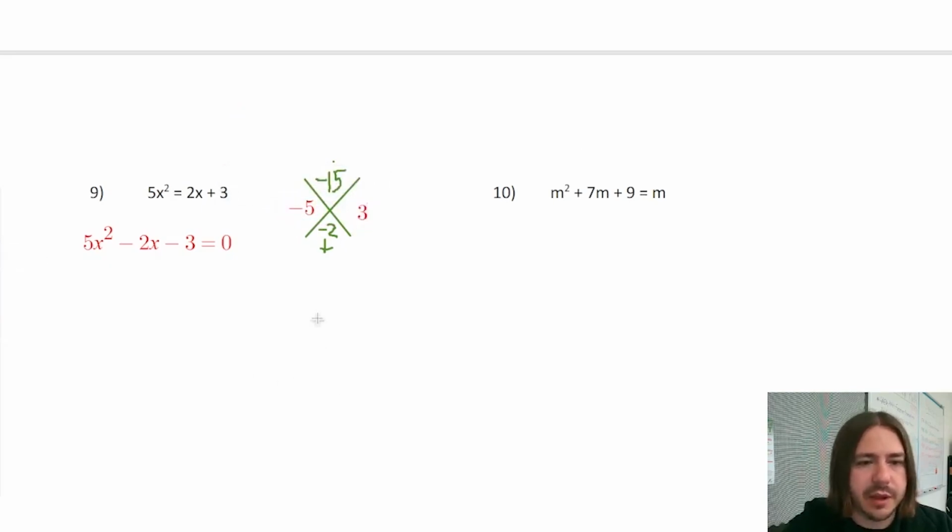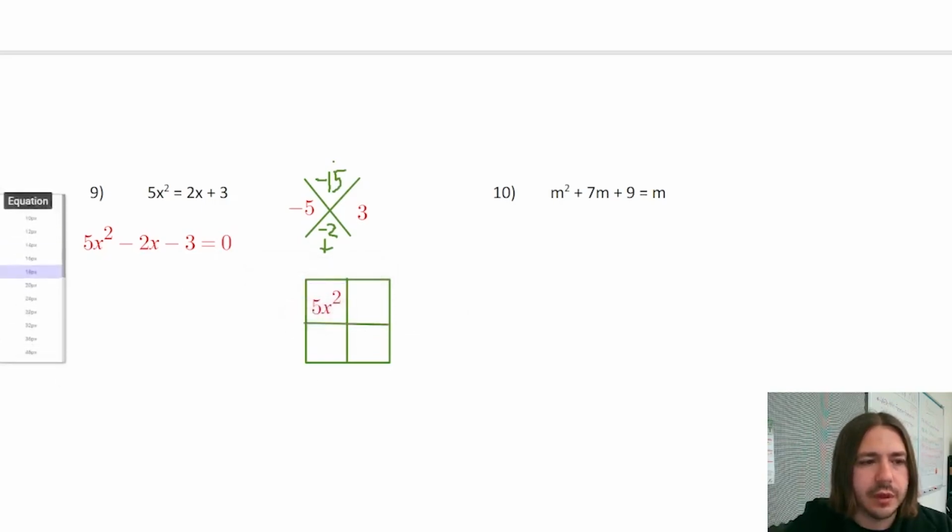Now I'm going to set up my little 2x2 box. This is going to be how I figure out what those factors are. There are some other methods, so if you have another way of figuring this out that works for you, by all means you can try that, but this is what works for me. I'm going to put the first term, 5x squared, in the top left box. Then I'm going to put the constant term, negative 3, down in the bottom right box.